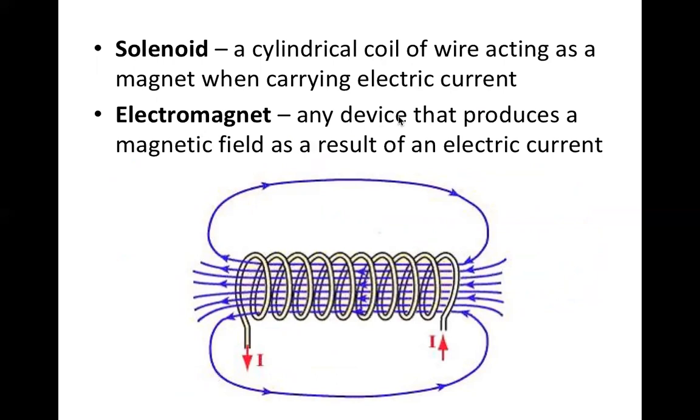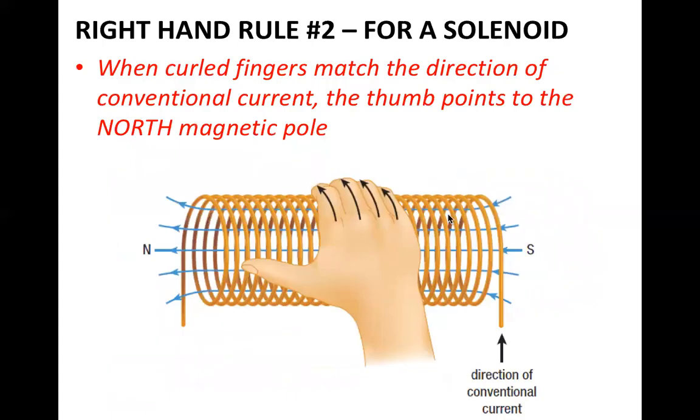And an electromagnet is any device that produces a magnetic field as a result of current. We have right-hand rule number 2 as a mnemonic device to remember what happens with a coil. So when we curl our fingers to match the direction of conventional current, which is positive to negative, the thumb points to the north magnetic pole.